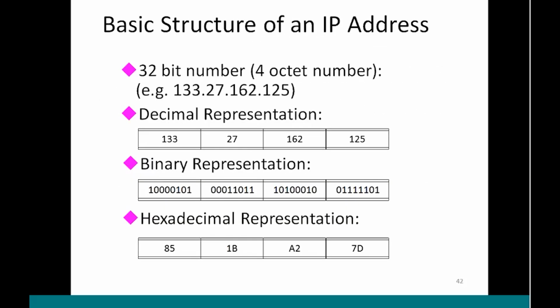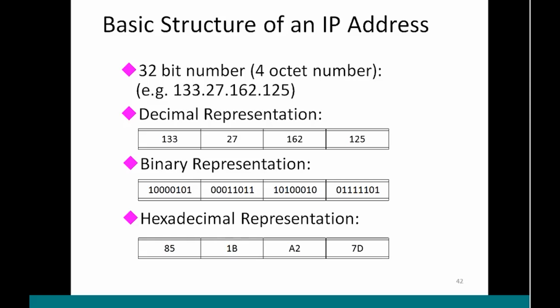We talked about how the IP addresses are formed, why they are needed, the 32-bit IP address. The address of your computer constitutes two pieces of information: one is the subnet it belongs to, the address of the subnet, and the second is its own host ID inside that subnet.